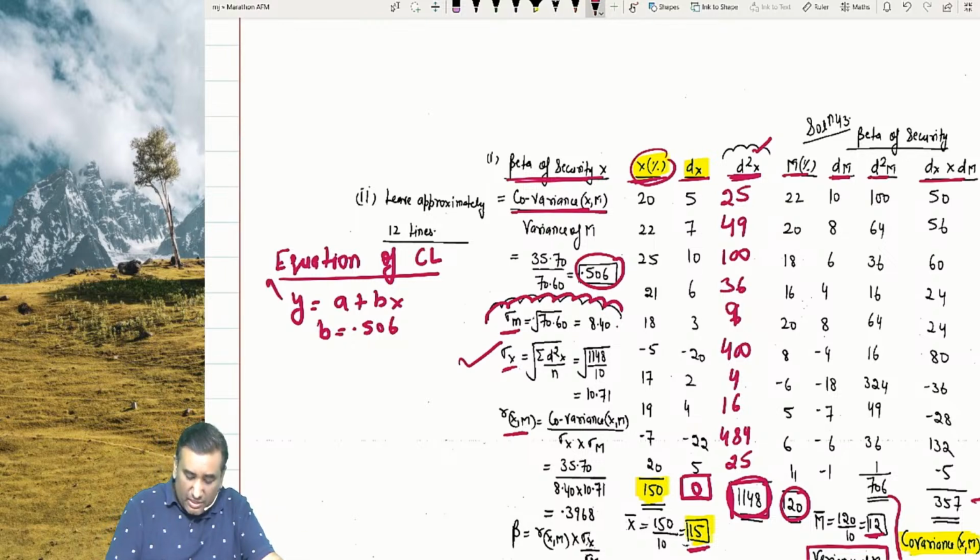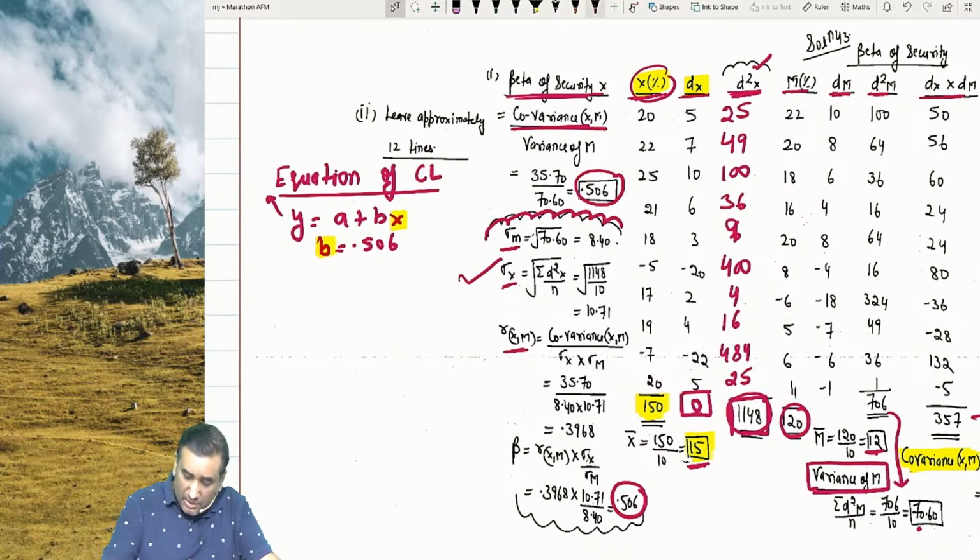So y is a security. We want to find how the movement in the return of the shares will come if the change in x comes. Now I have beta constant, I need to find a. What we'll do is, we'll assume the return of the security was 15, and beta is 0.506, and the return of the market was average 12.